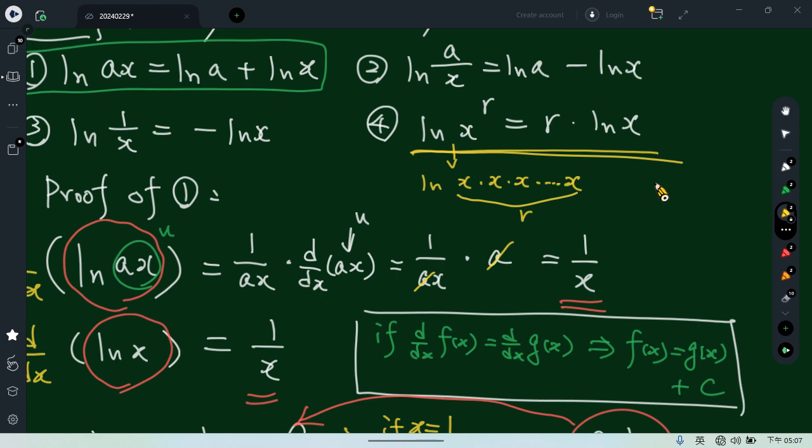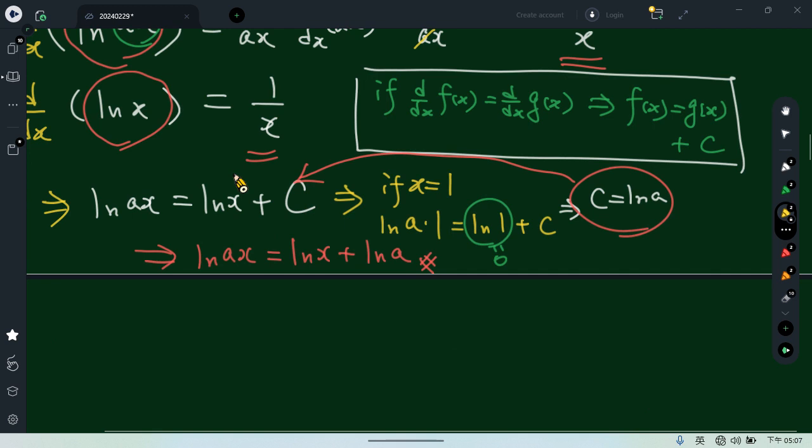So based on the rule, there are totally r ln x, right? Because you can just separate. Originally it's a multiplication, but when you use the ln function, you can make multiplication become addition, right? So finally, that's the result. You can follow the similar rule to prove number 2 and number 3. Okay, I just proved number 1 for your reference.